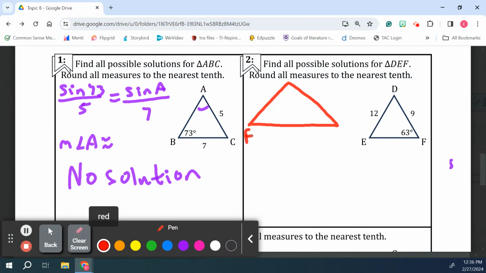All right, here's F. I'm going to relabel this F, and I'm going to have here my 63 degrees and my 9 over here. The angle I'm trying to find is E, so I'm going to put that over here. And here I'm going to have 12, and then this will be D.